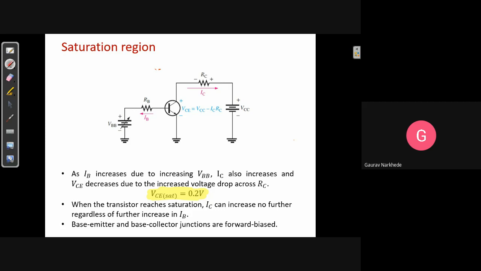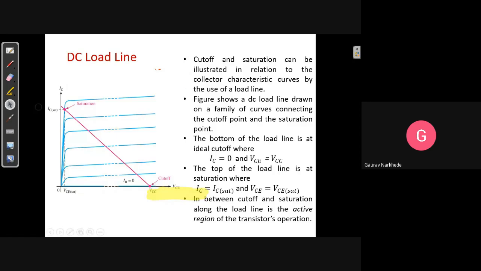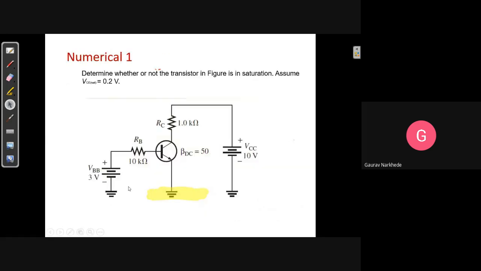Now, next, DC load line. Let us have a numerical. Here we need to check whether this transistor is in the saturation region or not. As told, VCE sat is always 0.2 volts.